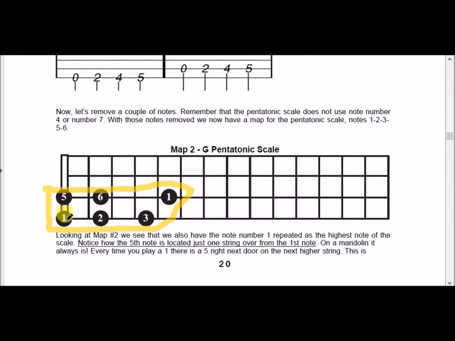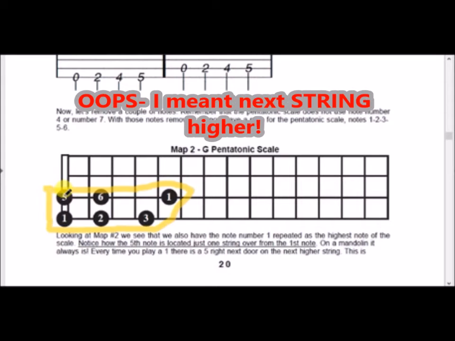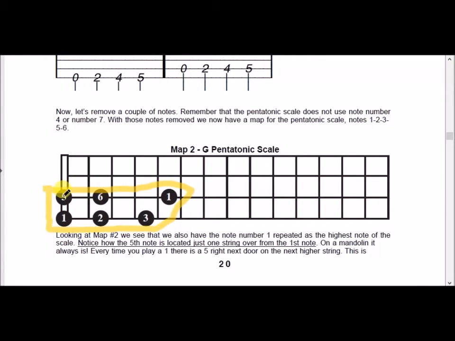If we know where the 1 note is, the root of the scale, we know that the next string higher at the same fret, in this case the open string on the G string, the next fret higher is also part of that pentatonic scale, and it's the number 5 note.